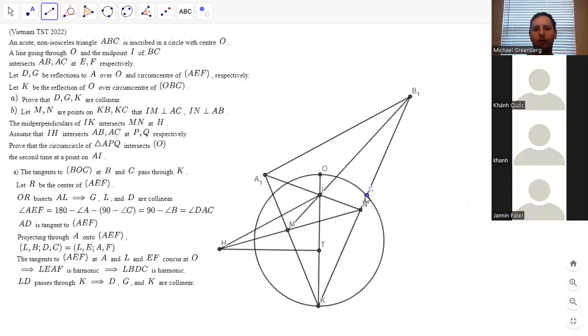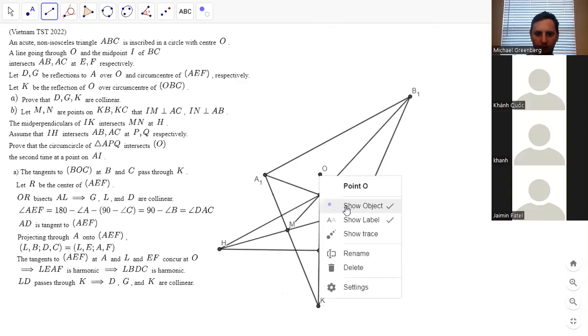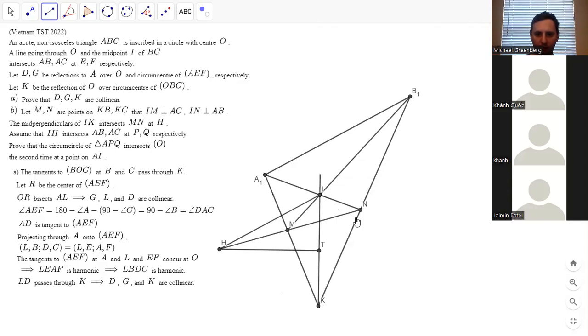Okay, I think I see, I get it. So we don't need this circle anymore, and we don't need this. Yeah, I see what you're saying. So it's just like this. This is a lemma.